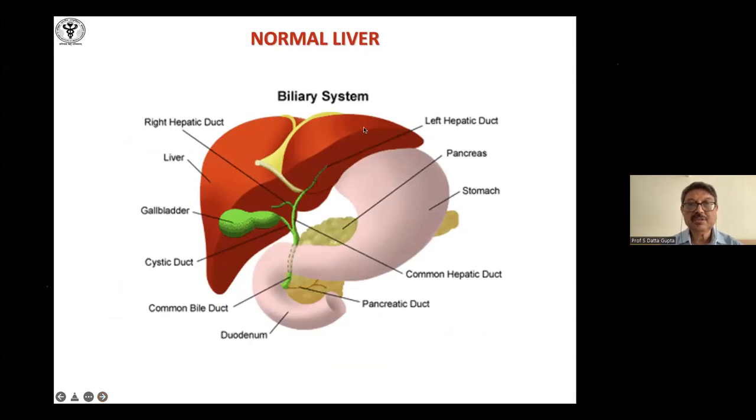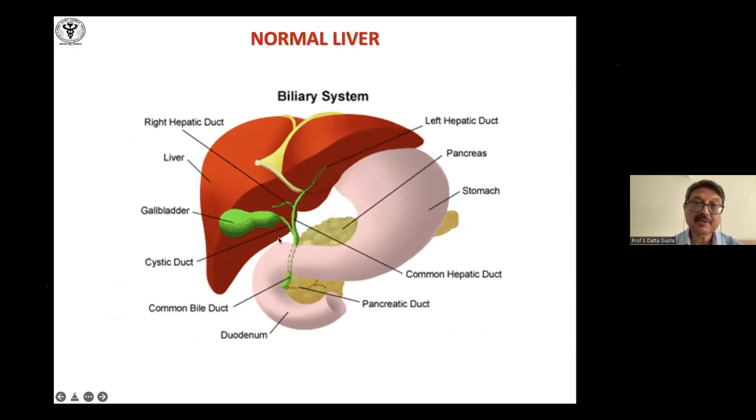Now, the liver is unique in which it not only has a venous and arterial system, it also has a biliary system attached to it. And then you could have obstructions, and the biliary system passes through the pancreas, and therefore pancreatic diseases also can affect this.